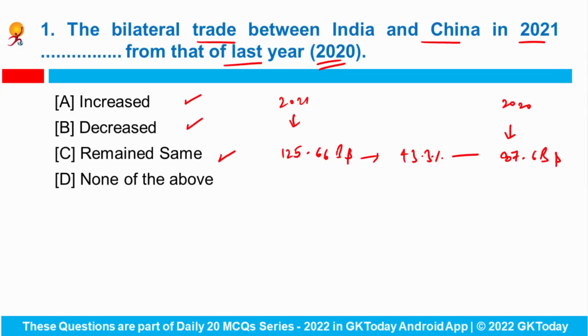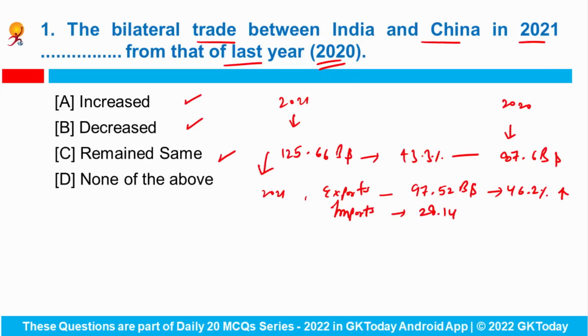Talking about some more data, in 2021 China's exports to India were $97.52 billion, up 46.2%, while China imported $28.14 billion worth of goods from India, an increase of 34.2%. So the trade deficit was in favor of China at $69 billion. So we can say that the trade has increased between India and China.